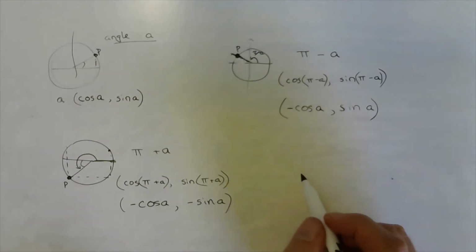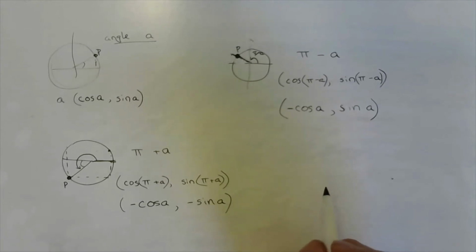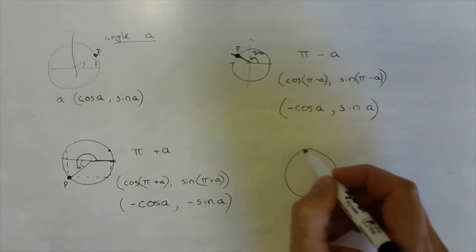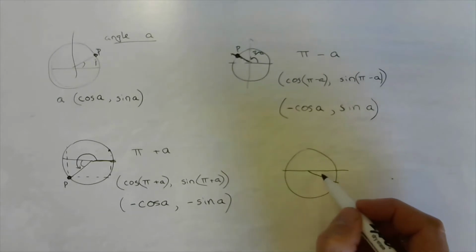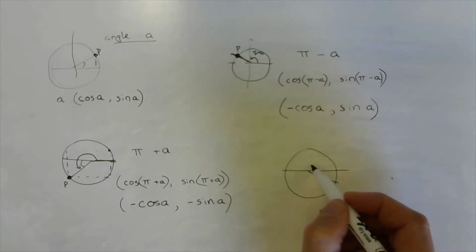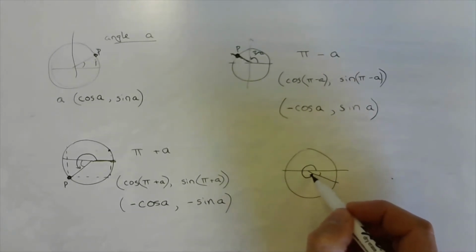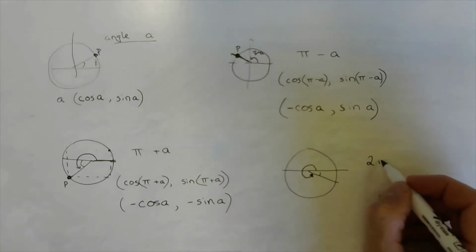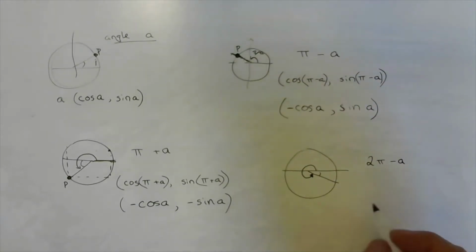And then our last box there. We're going from our initial arm all the way around the circle, almost all the way around the circle, to 2 pi minus a. So what do we have?